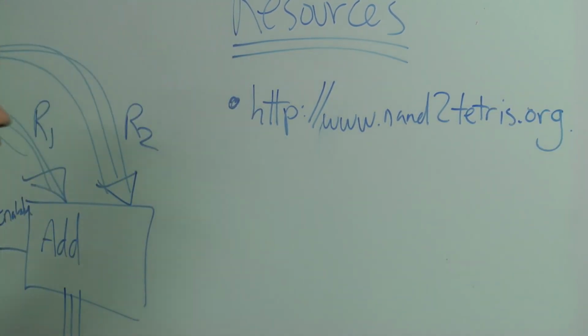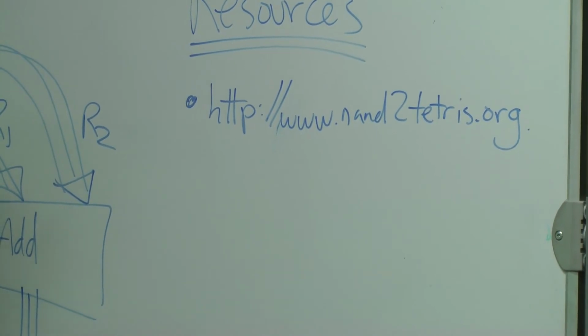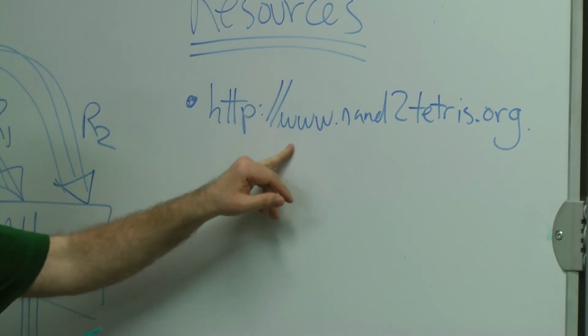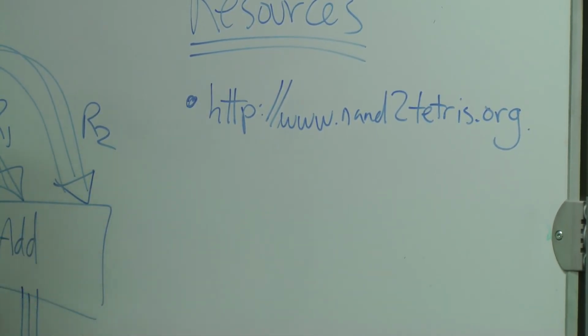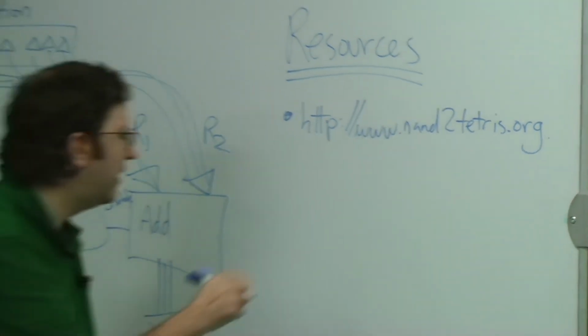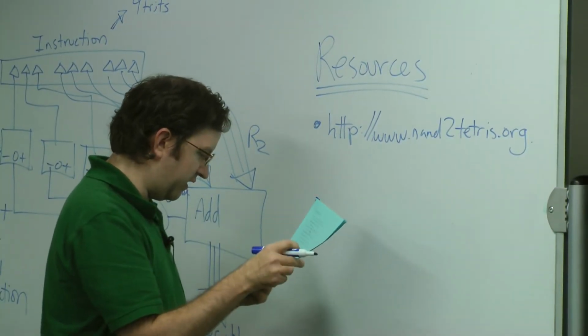One is www.nand2tetris.org, and this also has a book that accompanies it that goes through the process of designing a computer, starting with gates and going all the way up to the operating system. The other resource is on ternary logic.